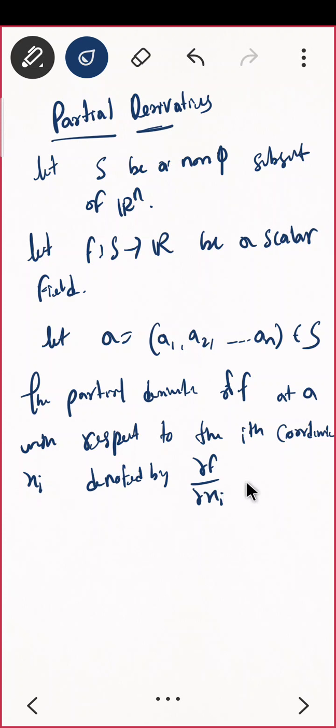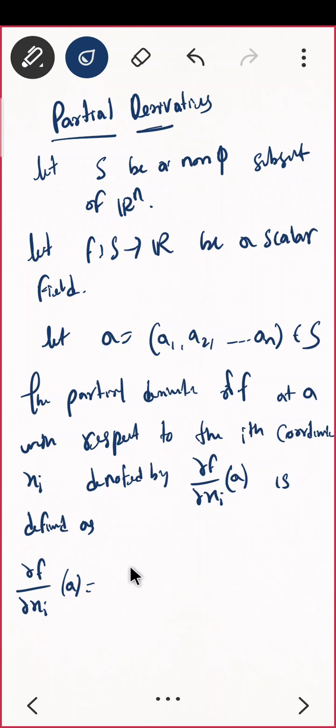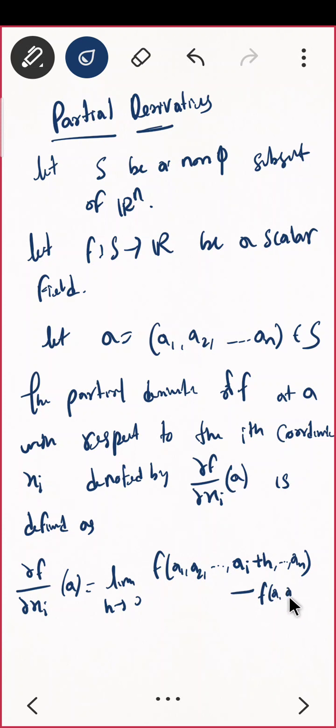At a is defined as, that is dou f by dou xi at a, that is given by limit h tending to 0 f of (a1, a2, and at the ith position it will be ai plus h, and others will be as it is, up to an) minus f of (a1, a2, up to an) divided by h. That's it.